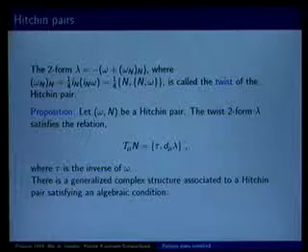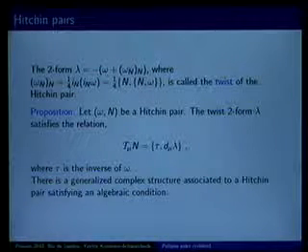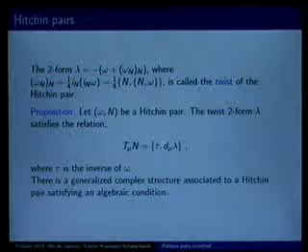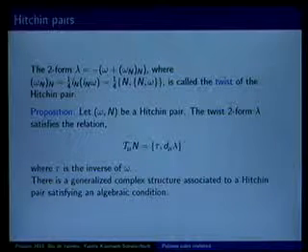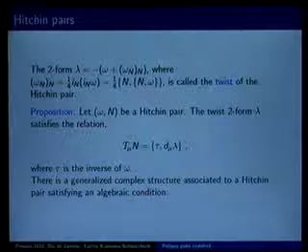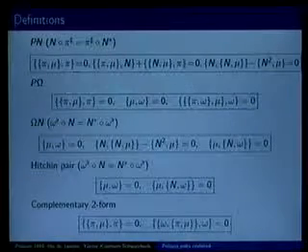It's the bivector which you obtain by inverting the non-degenerate two-form omega. And then there is a generalized complex structure associated to a Hitchin pair, provided there's an algebraic condition, but I was going to speak about that later because I haven't spoken about generalized complex.